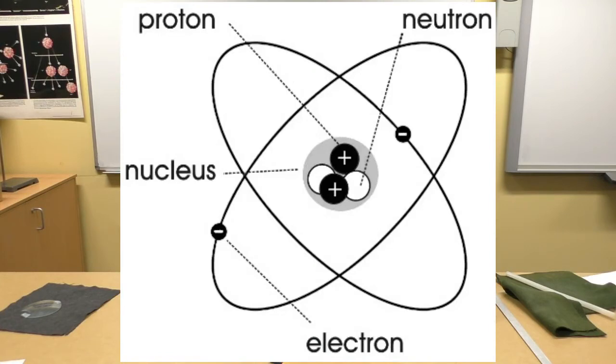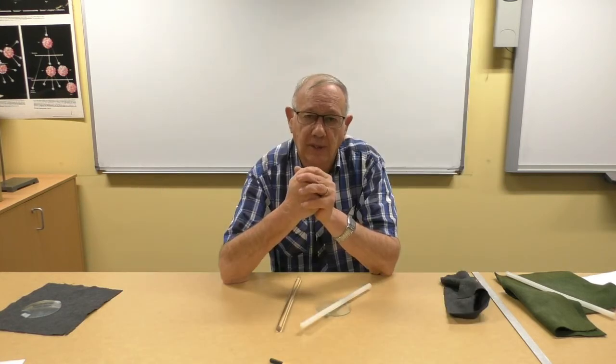Inside that nucleus we have positive charges. Those positive charges are known as protons. Around the outside we have negative charges, and those negative charges are known as the electrons. We also have some neutrons at times in the nucleus.